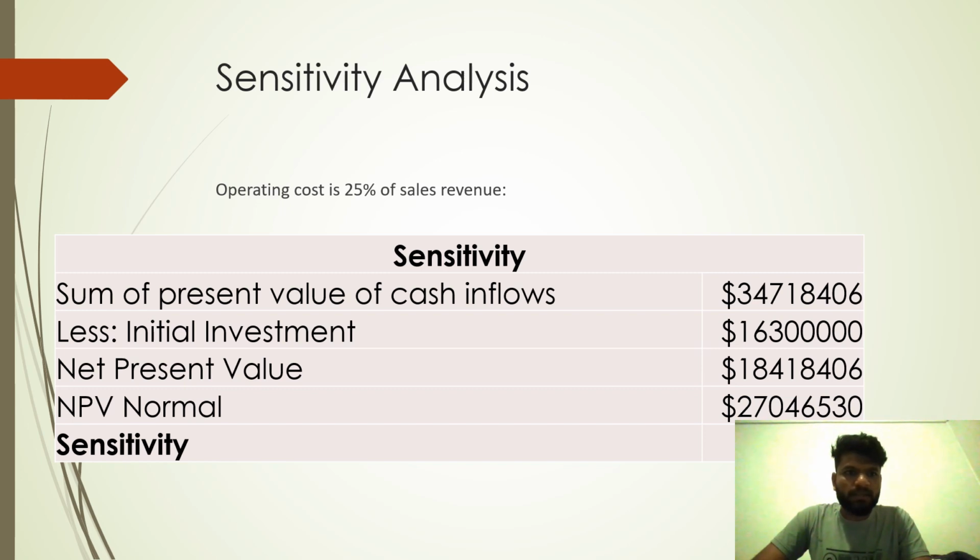Sensitivity analysis. The sensitivity of the NPV indicates that the project is 68.09% more sensitive if the running costs are just 25% of the sales income. Accordingly, the net present value will vary by 68% if the net operating cost is 25%.